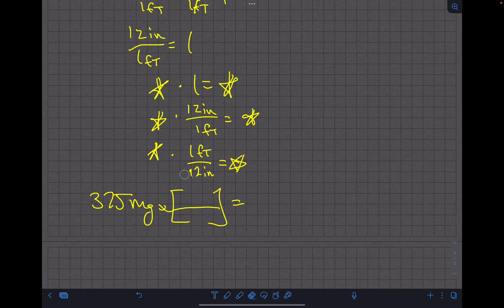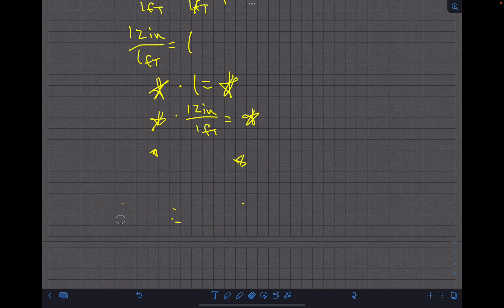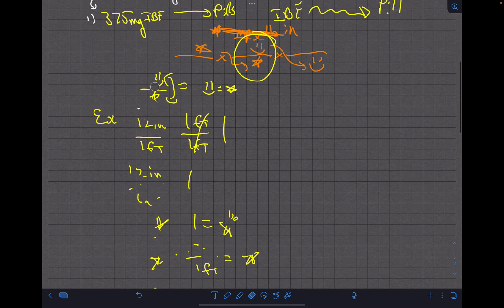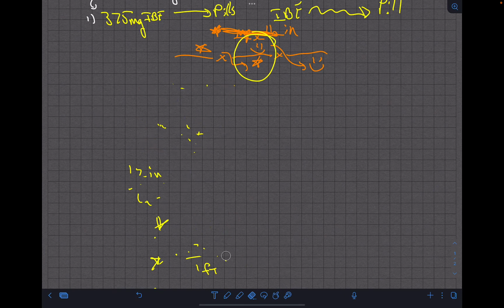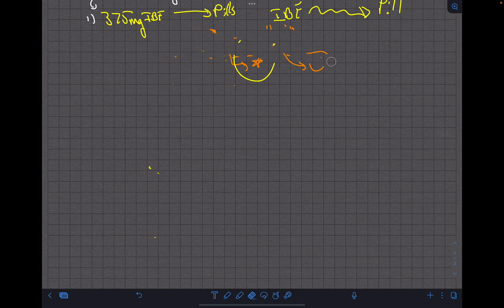So I'm going to go ahead and just erase all of this stuff, and we are going to go up here and start the problem. Now this problem isn't very complicated, but we're belaboring it so that we can help understand what's happening a little better. There we go, get rid of some of this stuff.